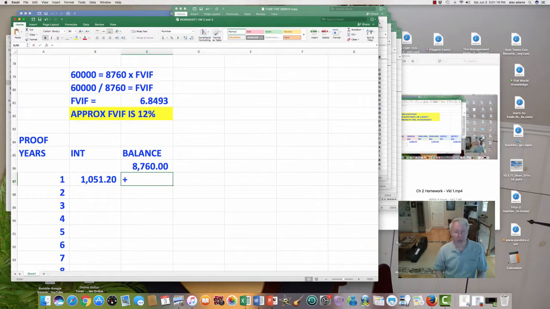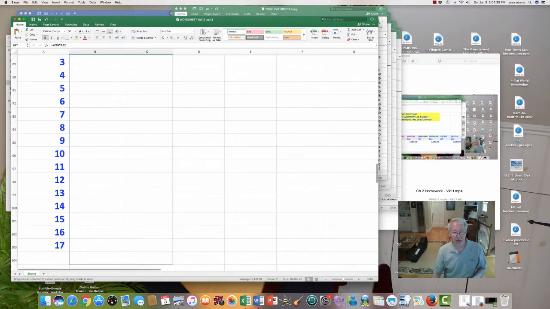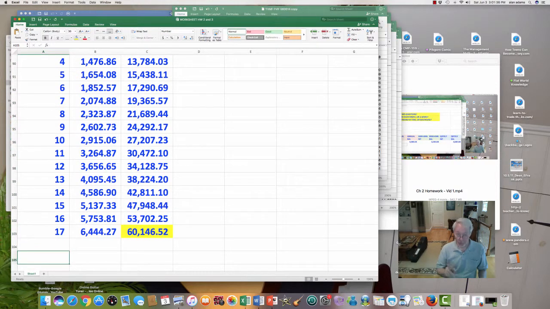So at the end of 1 year of compounding, I should have a total of, bear with me, 9,811.20. I'm going to do that for 16 more years, and let's see how much Madani ends up with. There's my $60,000. The proof is complete. I hope that helped you. Okay, problem 16.